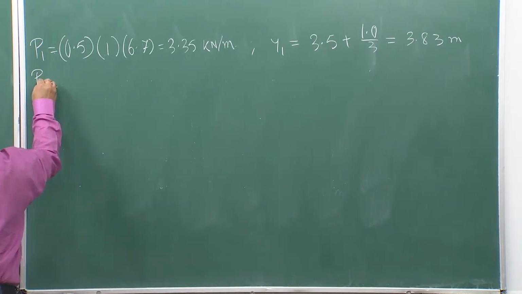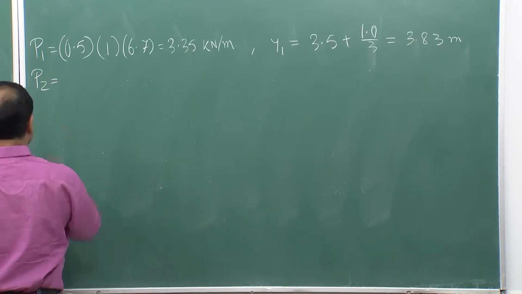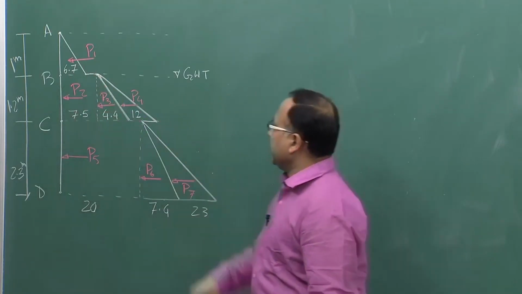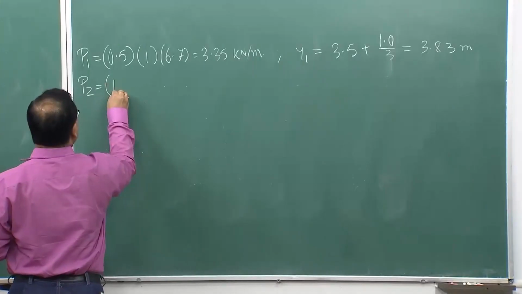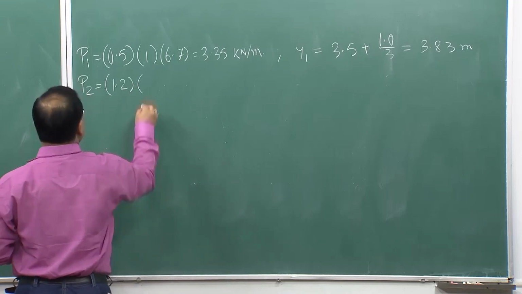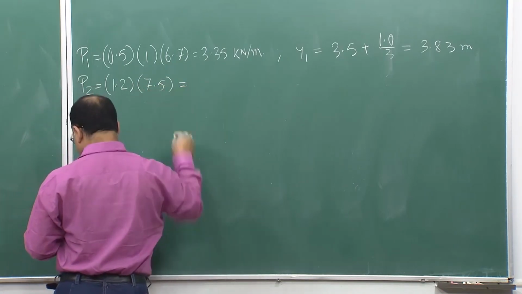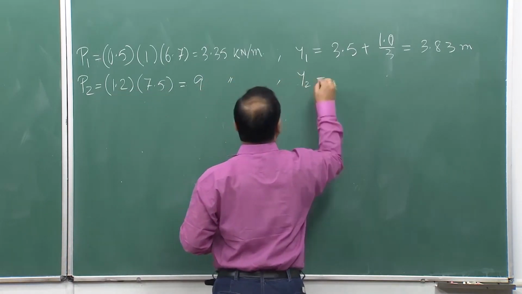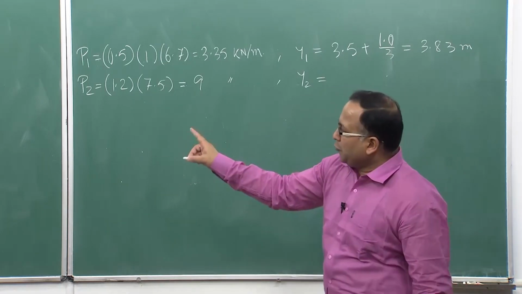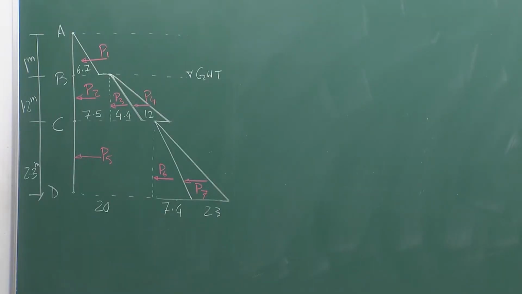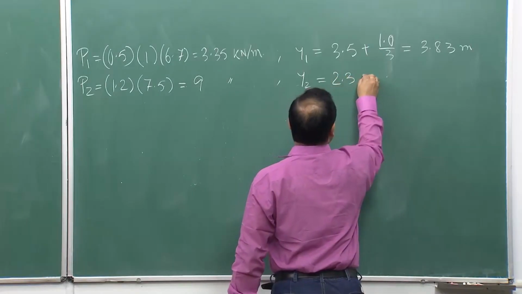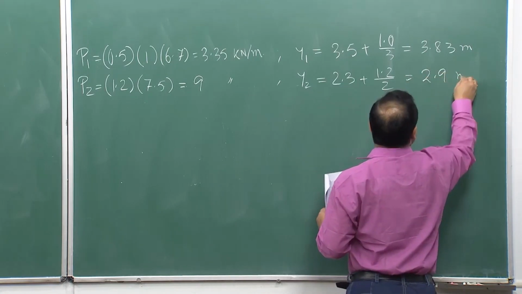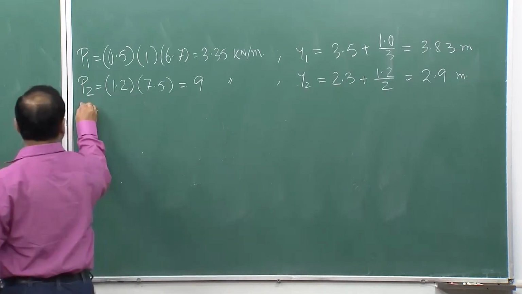Similarly, I can calculate P2, which is nothing but the area of this rectangle. So, P2 is 1.2 into 7.5, that comes as 9 kilonewton per meter run. Where is it acting? Y2 is 2.3 plus 1.2 by 2, that comes as 2.9 meter. Now, coming to P3.